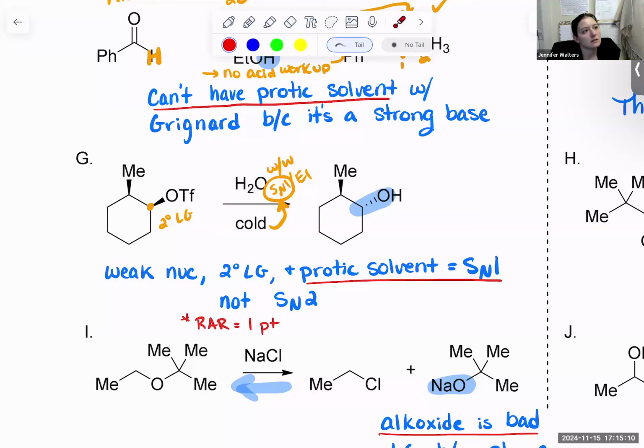I guess it is. No, you can have elimination competing. So then that's not going to be a good answer. So that's why I'd only give partial credit. So I wanted you to recognize that you needed to be doing SN1, not SN2. That it was the wrong mechanism. That was the primary error. Any questions about G?